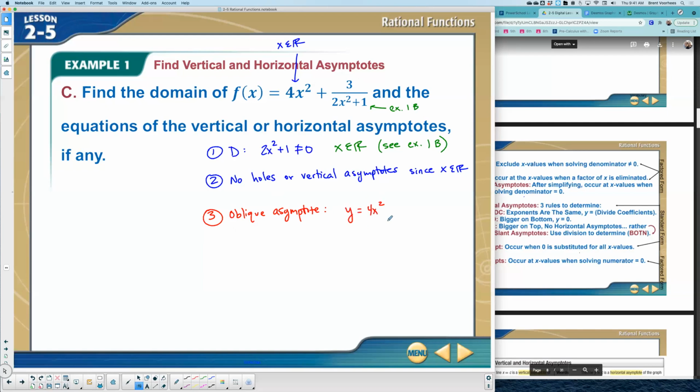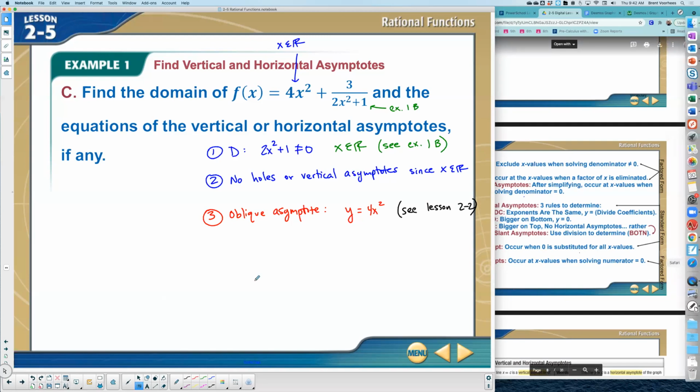I will show you this in a moment. This graph, as we zoom out, will just approach 4x squared because that's the greatest positive power. Since it's multiple terms, you go off the greatest power. That's lesson 2.2. See lesson 2.2. When you have a polynomial, you go off the greatest possible power, which is this one. And so that's our oblique asymptote.